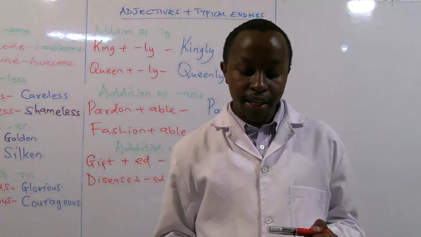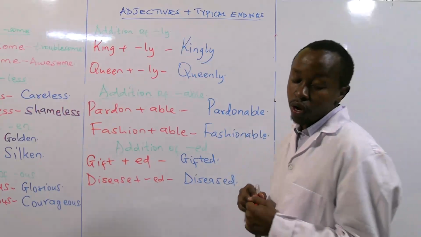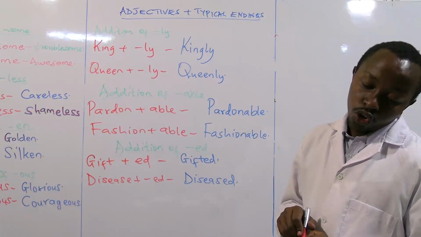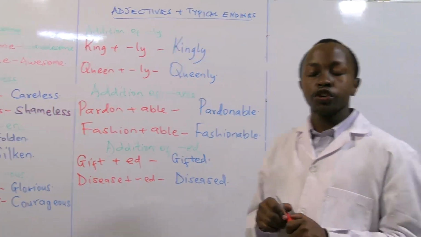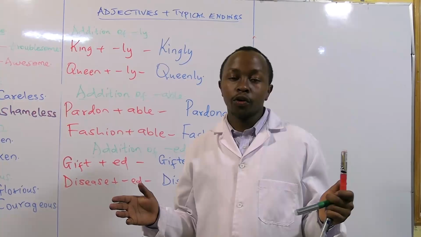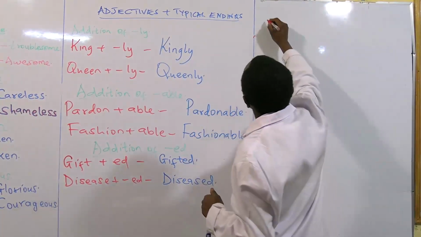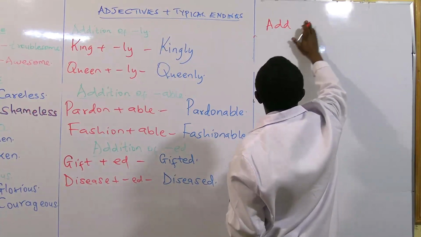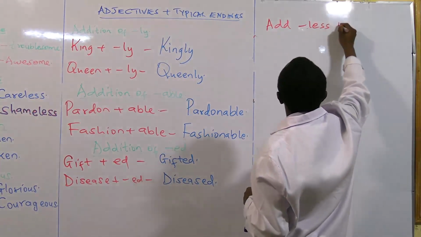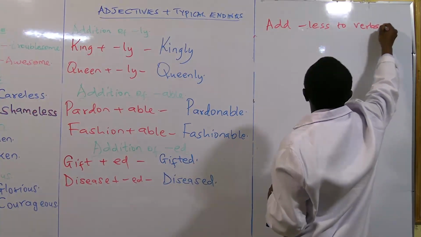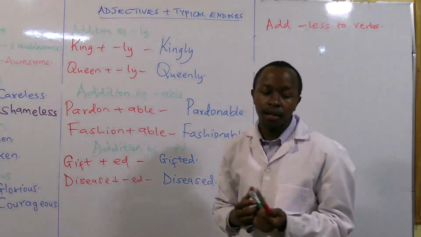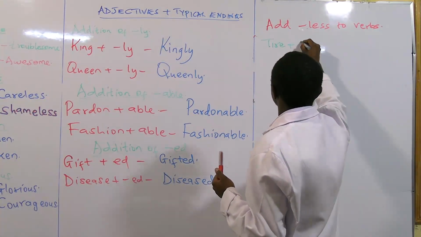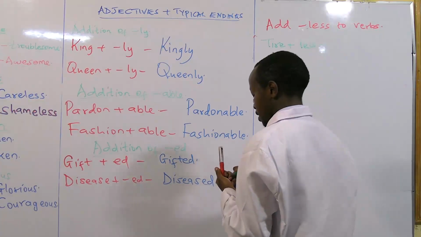Other typical endings of adjectives: you can also add typical endings like less to verbs. For example, tire plus less becomes tireless.